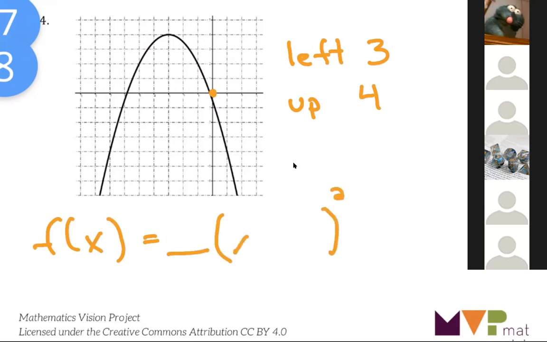And then I'm going to go x. Okay, it went left 3. So is that plus 3 or minus 3? Type it or say it. Plus 3. It's opposite. Okay. And then it went up 4. So a lot of people got that far.